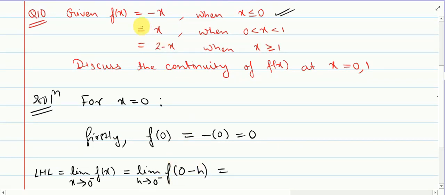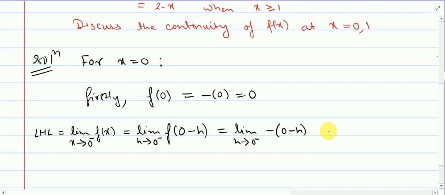So this will fall under this, so the output will be minus this. Here if you put h equal to 0, then you are getting a definite value, that is 0. So you can write 0 over here.